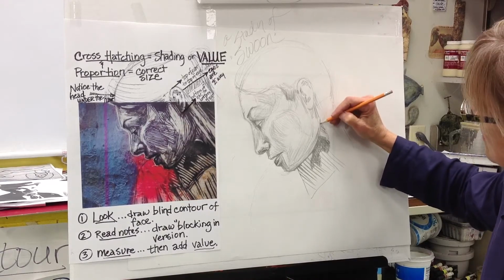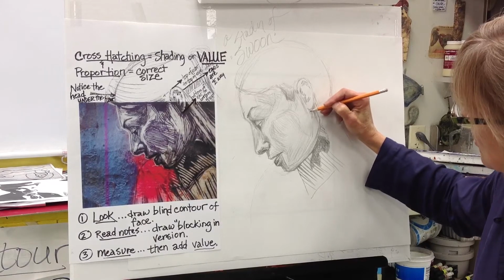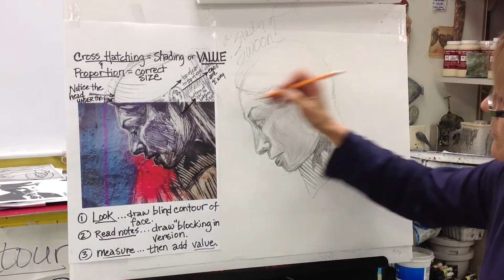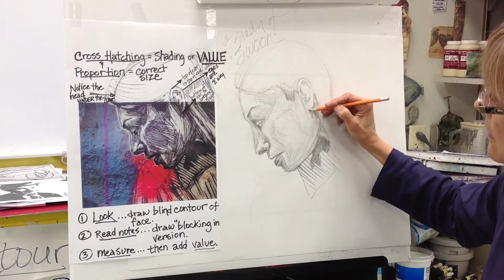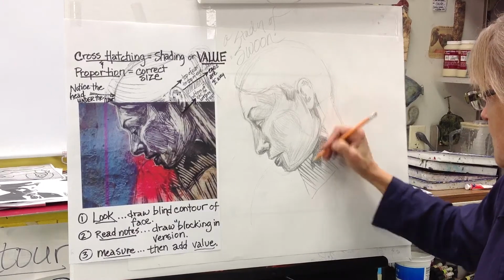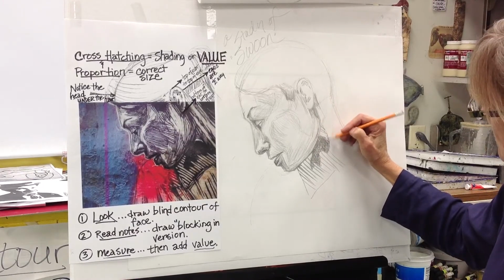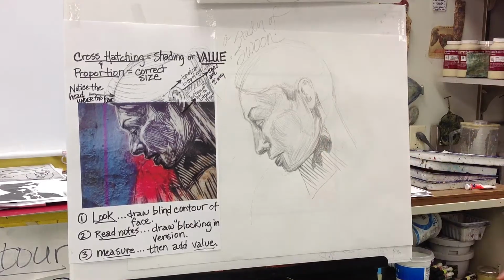And get this area finished up, much darker in here. That helps this come forward by adding the dark behind it. Get this little shape going here.